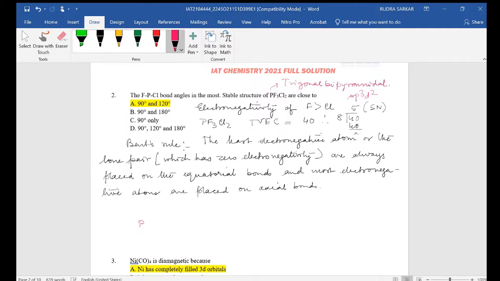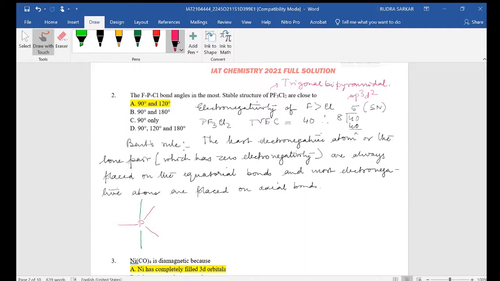Question now is, if you have P as the central atom, then we will draw 5 bonds. The ones directed towards the vertices of a triangle like this are the equatorial bonds. And these ones that I'm drawing in green, let's say, are the axial bonds. The least electronegative atom is obviously chlorine, so where will that be placed?